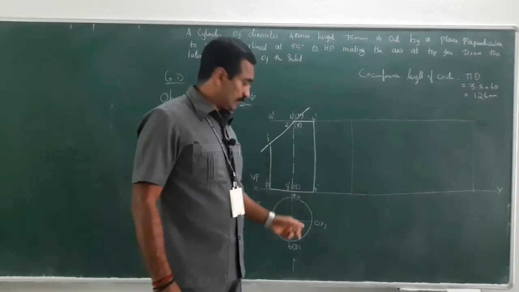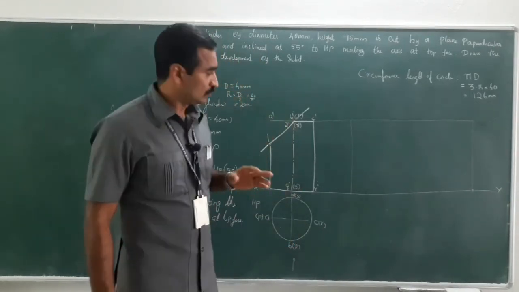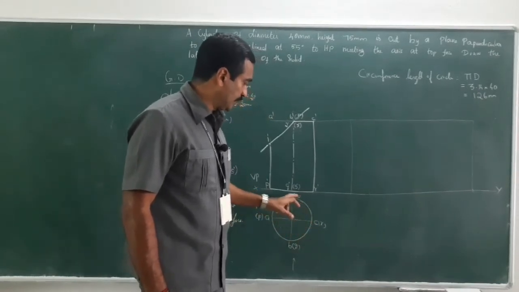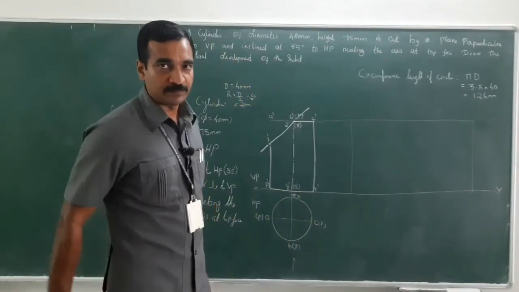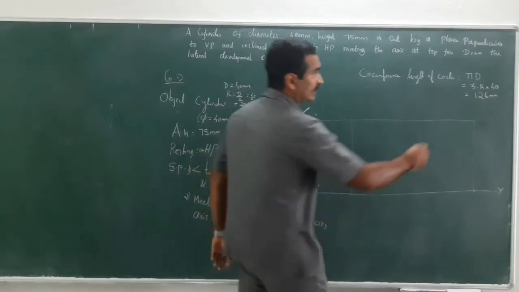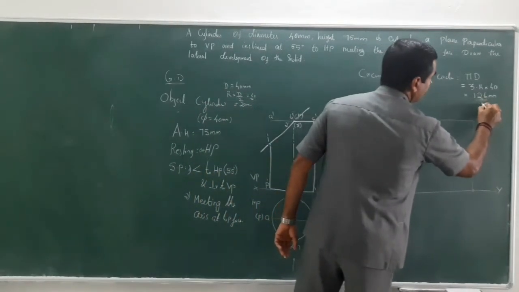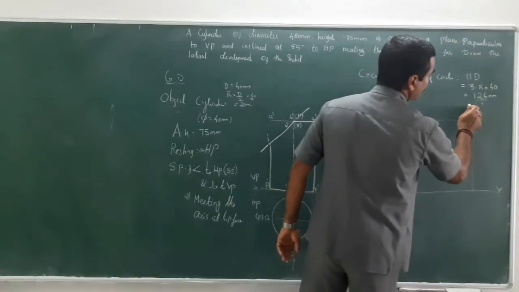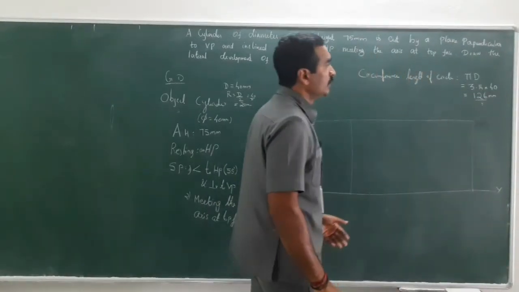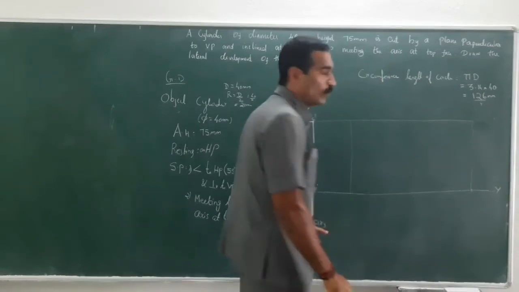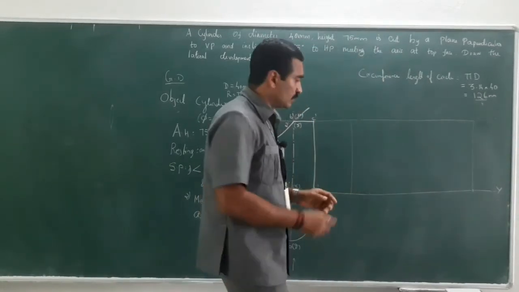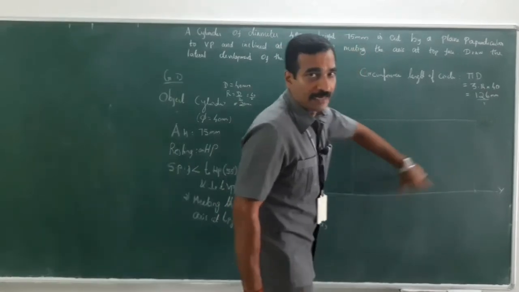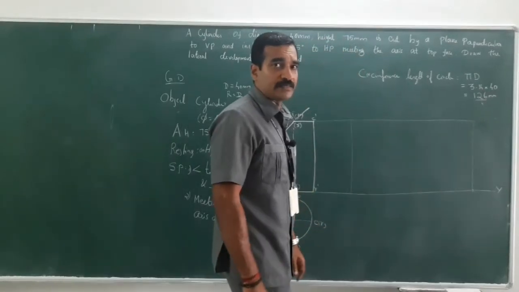This cylinder, that is the circle, has been divided into 4 equal divisions, right? A to B, B to C, C to D, D to A. Now divide this by 4. So whatever value you get, which would be roughly 31 something, right? Or using bisecting method, you split this circumference length. You know bisecting method, right?